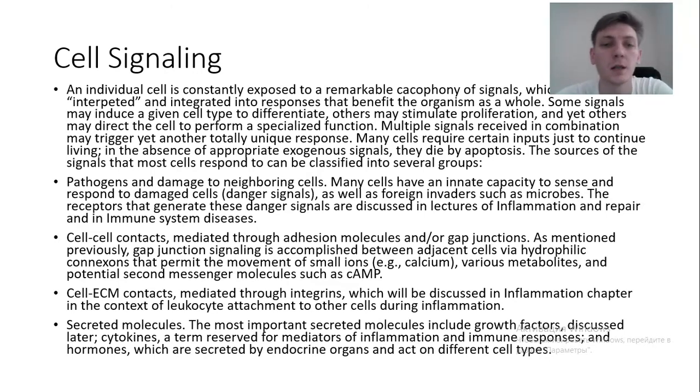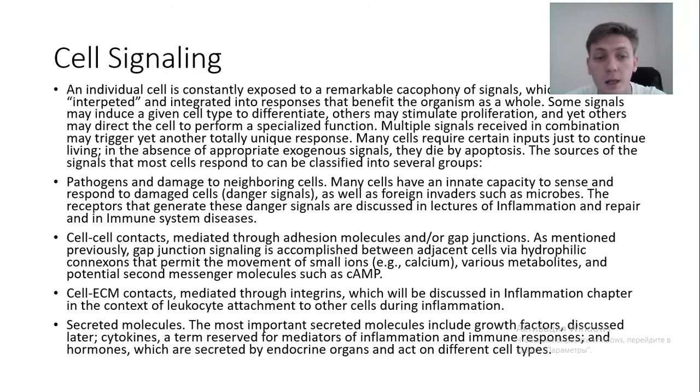Okay, pathogens and damage to neighboring cells. Many cells have an innate capacity to sense and respond to damaged cells, known as danger signals, as well as foreign invaders such as microbes. The receptors that generate these danger signals are discussed in the lectures on inflammation and repair and on immune system diseases. Then cell-cell contacts are mediated through adhesion molecules or gap junctions.